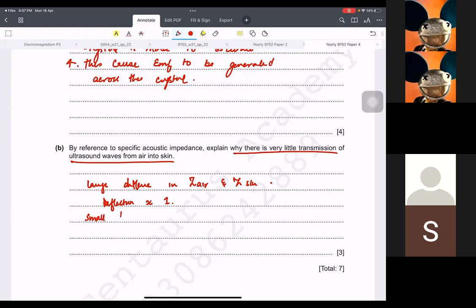Small difference in Z1 and Z2 is nearly 0.